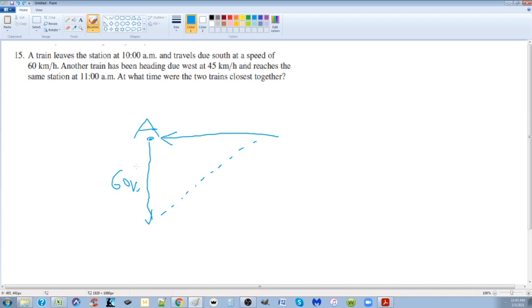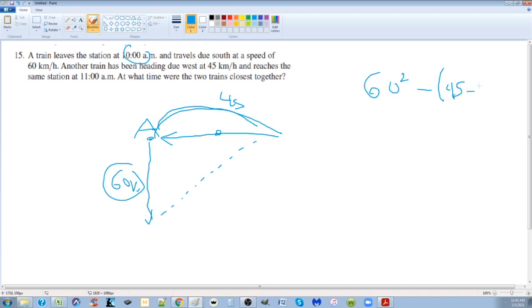Your secret to that is this side of the hypotenuse thing is simply 6 squared. But the other side is not. It is the distance here. So how long does he take from 10 a.m. to 11 a.m.? We don't know. We just know he's got to cover a distance of 45.